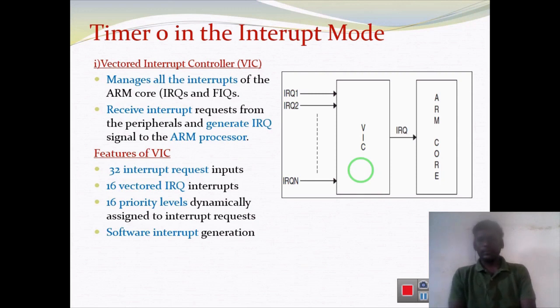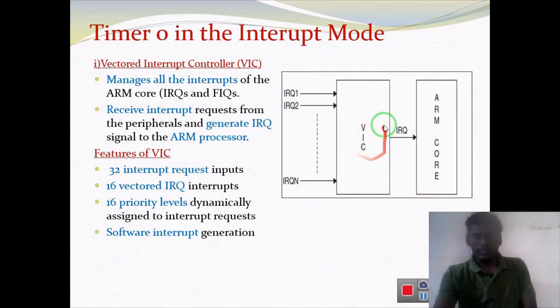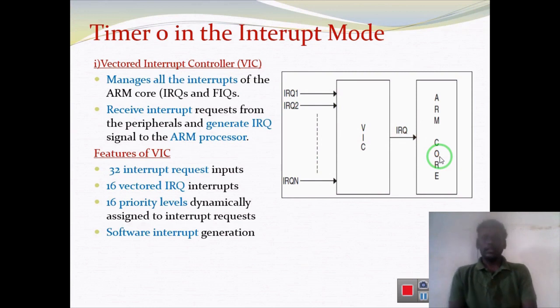The VIC, vector interrupt controller, receives various interrupts from the peripheral devices and has to analyze the interrupt nature. According to that, it forwards the request to the ARM processor. There is some priority: among the number of interrupts, based on priority only, the VIC generates the interrupt request message to the ARM processor.